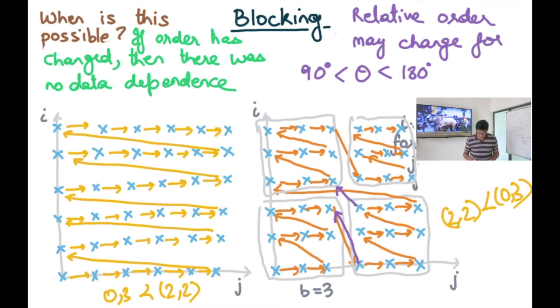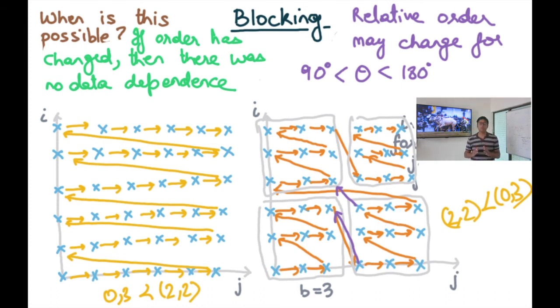For example, here's an example going from 3,3 to, let's say, 4,2. Now for 3,3 to 4,2, the angle is still greater than 90, but the relative order hasn't changed. In both cases, 3,3 executes before 4,2, even in the original order and in the blocking order.